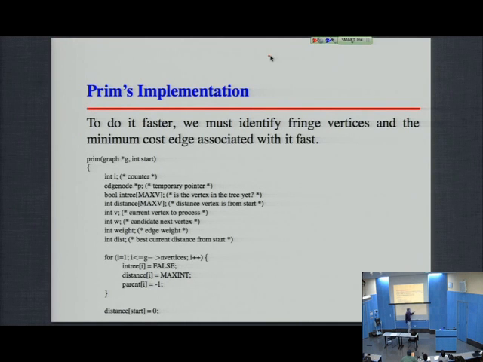Or there might be an edge from 3 to some other vertex, like 5. Suppose there is an edge from 3 to 5 of weight 4. Then we have discovered a cheaper way to link 5 into the tree.